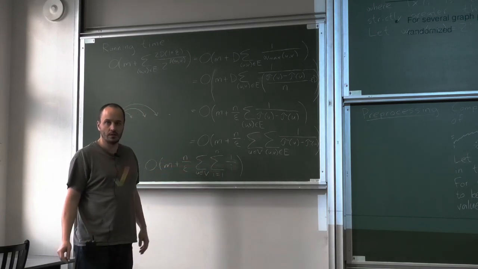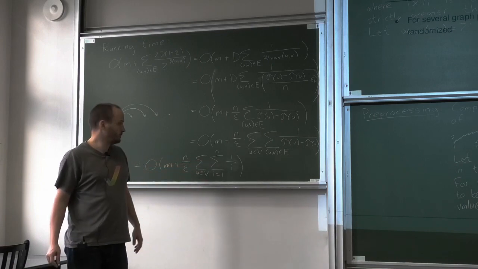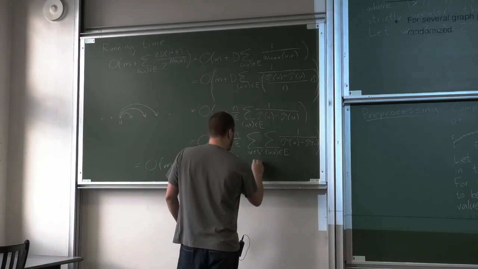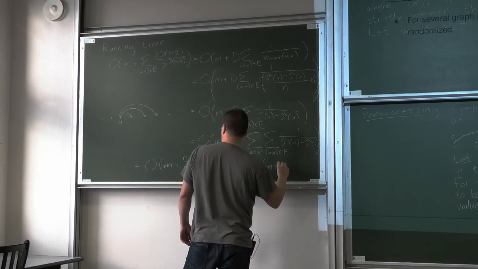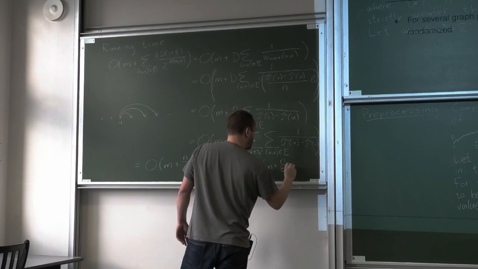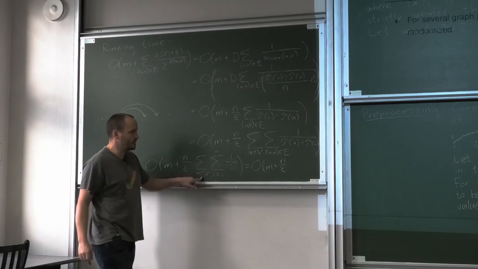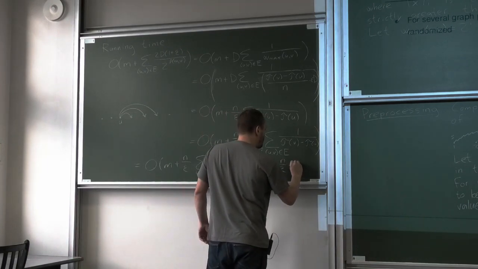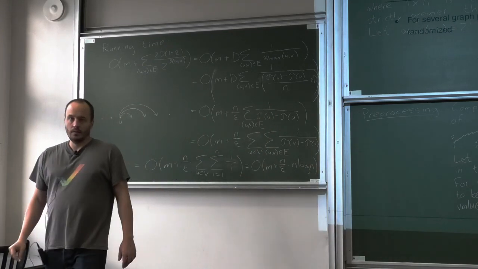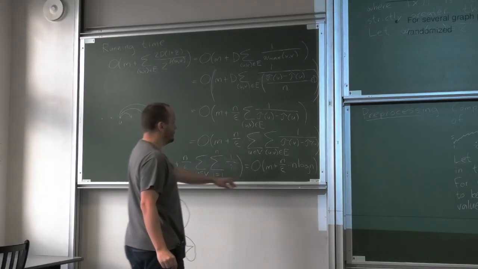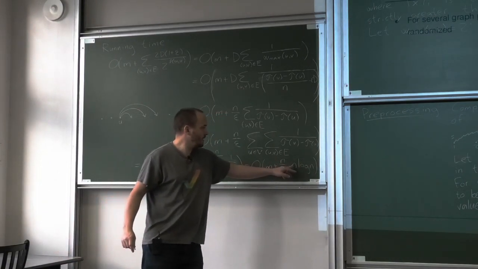As you said, it's the nth harmonic number, which is theta of log n. So this is O of m plus n over epsilon, and then you get log n, and you have n terms, right? So that's n log n. And basically this here will dominate m here, because this is more than n squared.